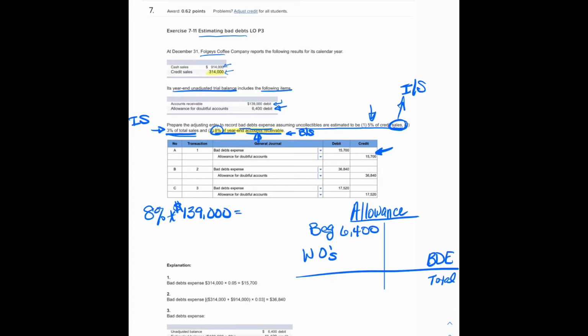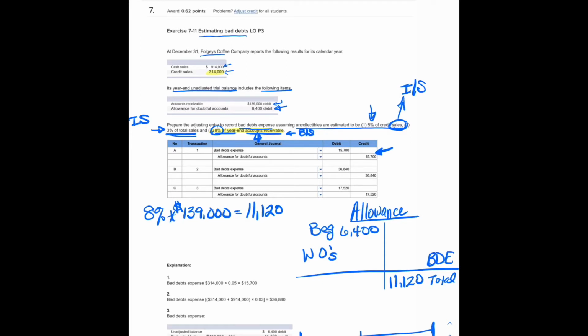And if you do the math on that, you'll come out to $11,120. But remember, this is $11,120 as a credit. So if we go back to that number line just to help us visualize this one other way, what I'll see is I began with $6,400 as a debit.